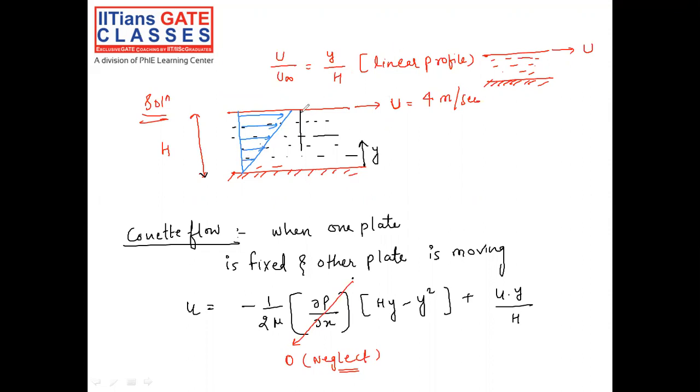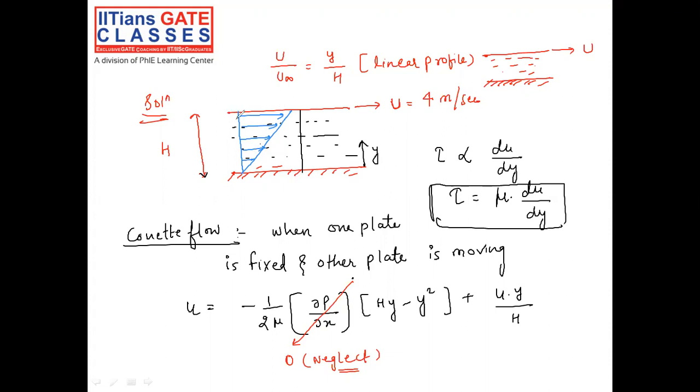Now, what will be the profile of shear stress? If you recall the formula from Newton's law of viscosity, the shear stress is directly proportional to the velocity gradient, that is du by dy. If you remove the proportionality constant, you need to put dynamic viscosity into du by dy.